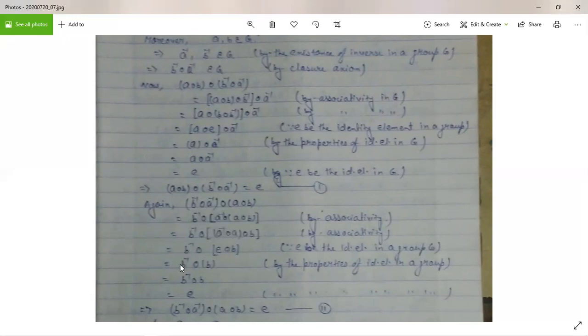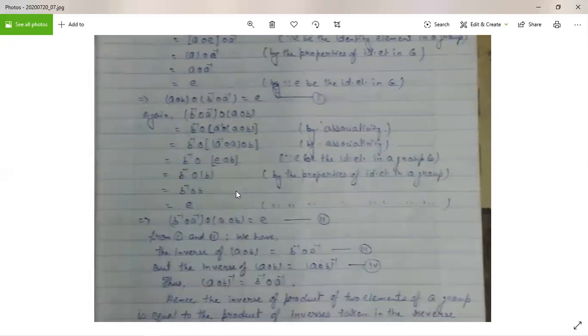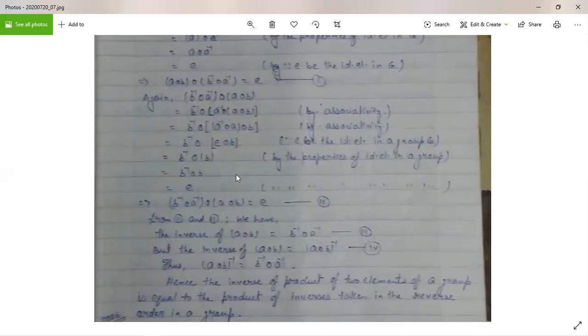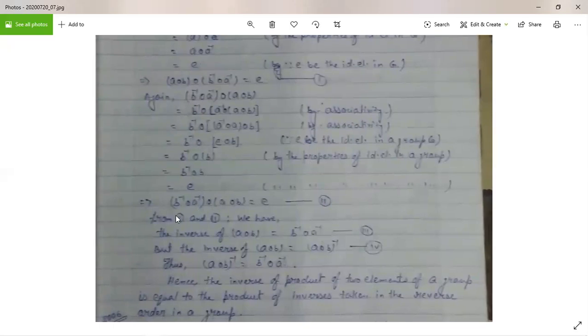Therefore here it will become b⁻¹ ∘ b, and therefore is equal to e. Therefore we can say that (b⁻¹ ∘ a⁻¹) ∘ (a ∘ b) equals e.